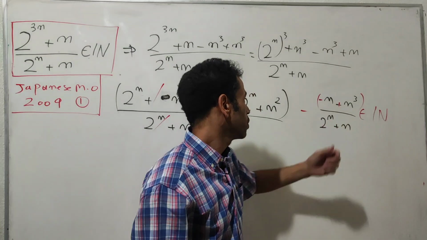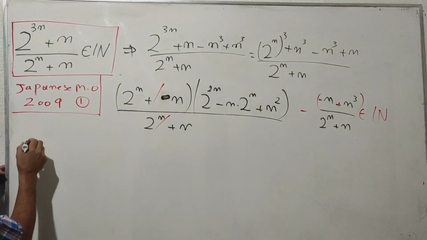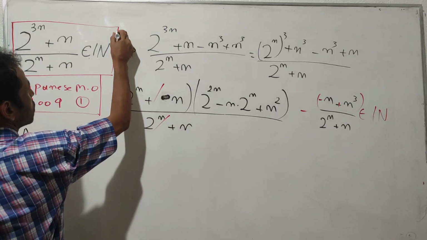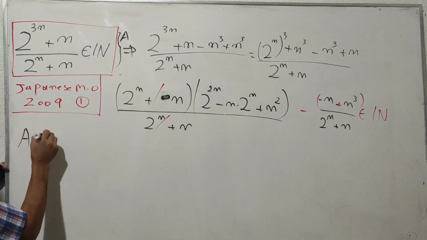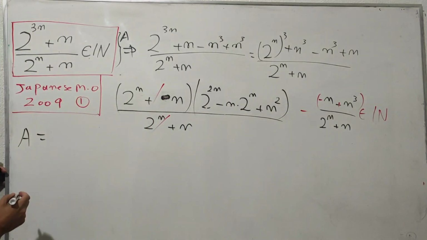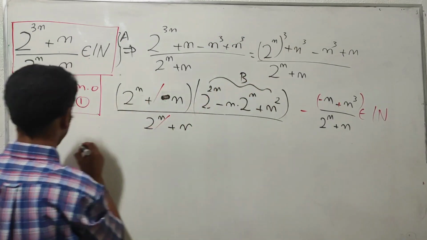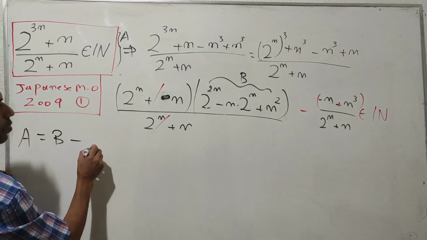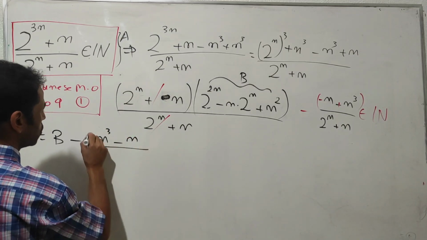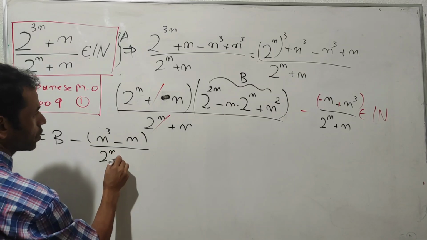Let's call this one capital A, which equals this one minus the other one. Let's call this one capital B. So we get capital B minus (n cubed minus n) all over 2 to the n plus n.